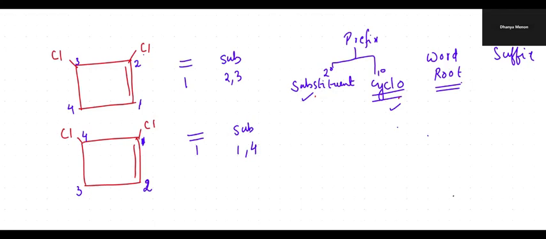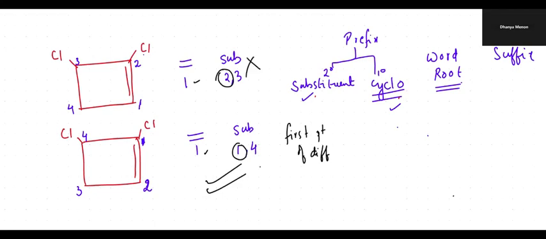Here both are the same, that's fine, and it has been given the least number. Here, the first point of difference, this is 2 and this is 1. Which one would you prefer? Definitely this one. You follow the first point of difference. End of the story. You don't have to choose this. You will go with this.